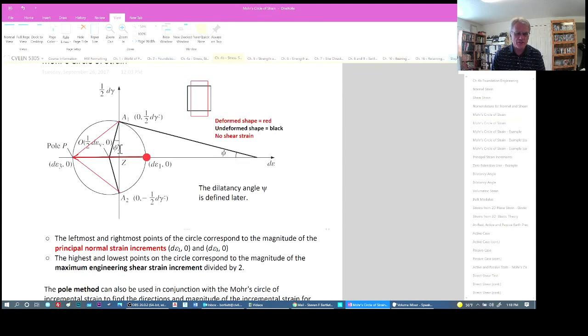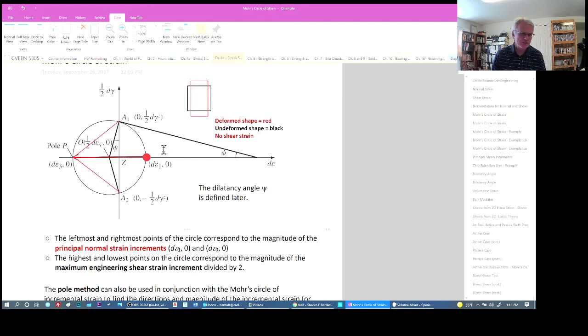There are two ways of getting it. It's the angle from the center of the Mohr circle of strain up to where the shear strain is 0 in either direction, measured from some angle away from the vertical. Or if we take this coordinate here where the shear strains are 0, remember on this axis the shear strains are 0, and project in this direction, this is also the psi angle here.